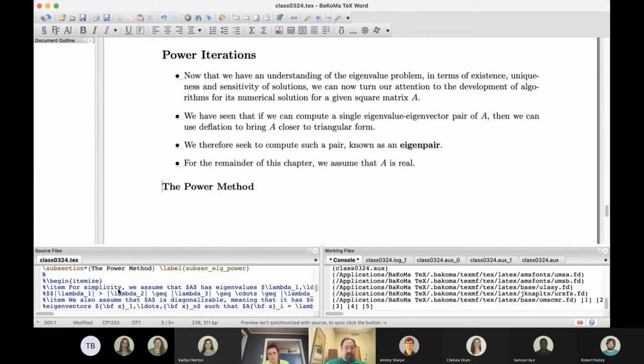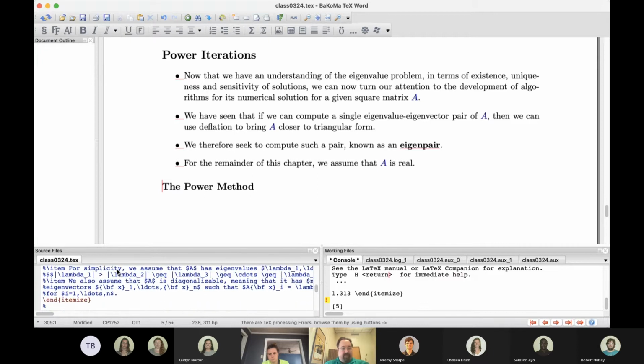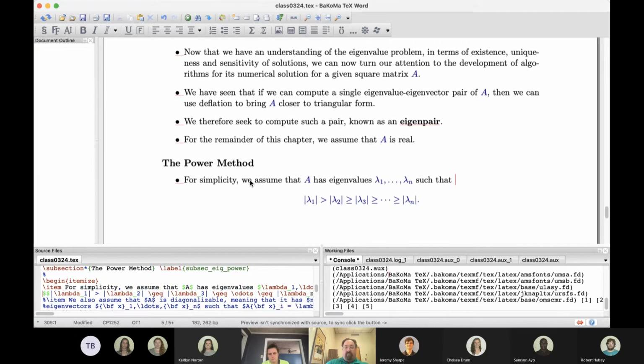So the first method we'll see is called the power method. We'll assume that these are the eigenvalues of A. Even though A is real, these eigenvalues can still be complex. And we'll assume that the first one, the largest one, is strictly greater in magnitude than all the rest. Magnitudes might be equal after that, but this one is strictly larger.